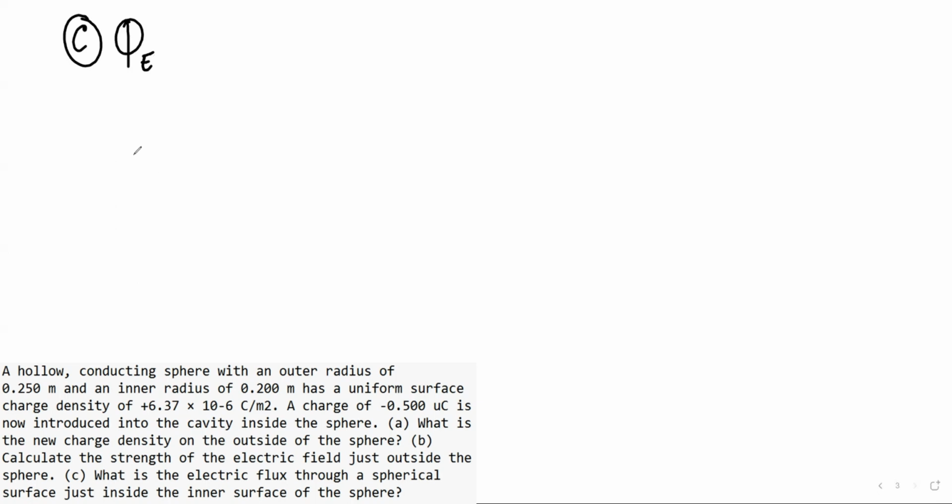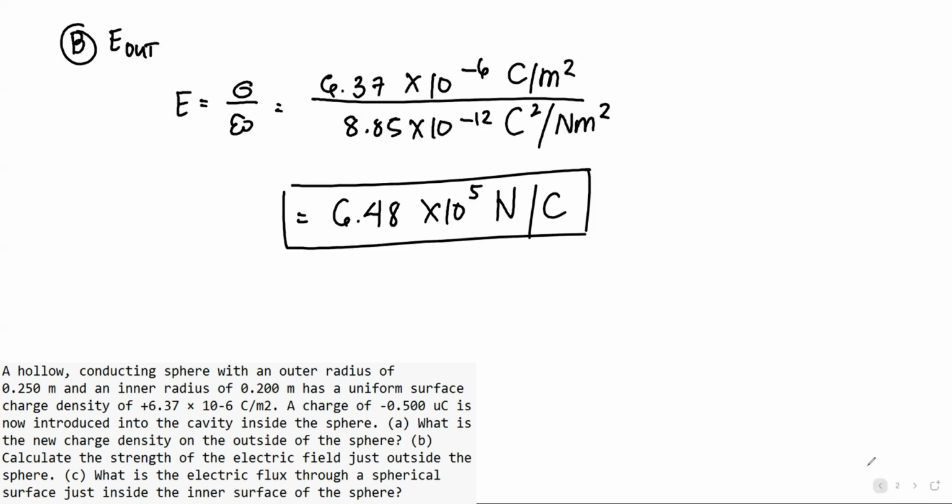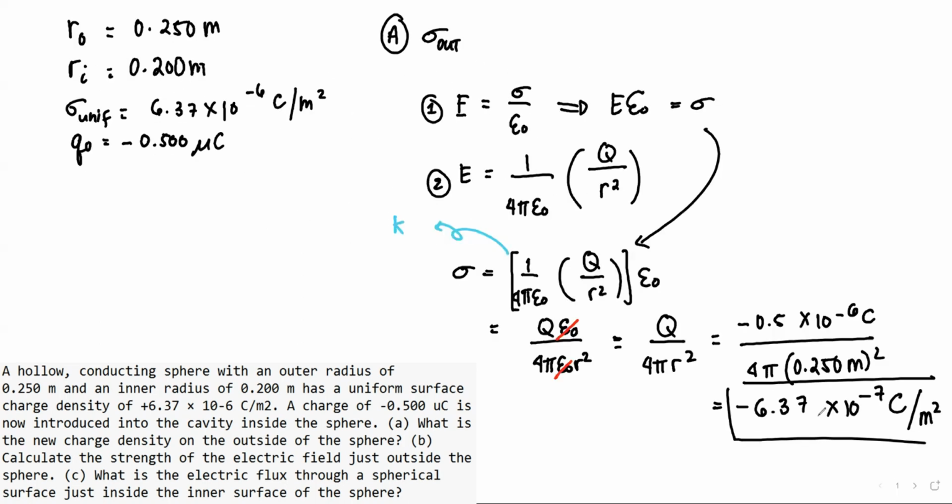So that would be still Q enclosed divided by your epsilon naught. Your Q enclosed is inside, and we know that the charge, we named it Q naught, is equal to negative 0.5 microcoulomb. That is the one inside the sphere that was put into the cavity. So we're going to be making use of that one.